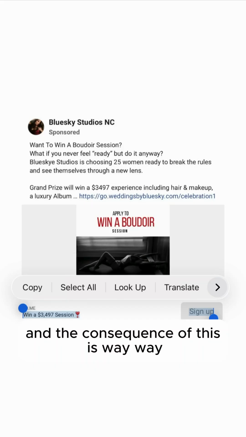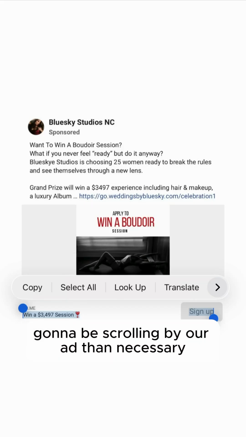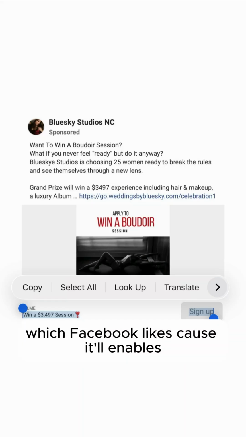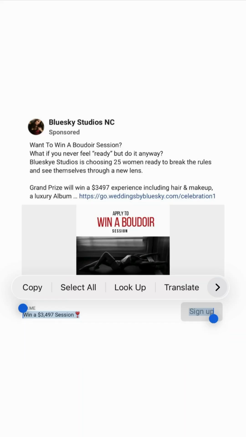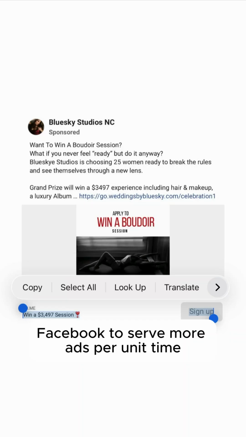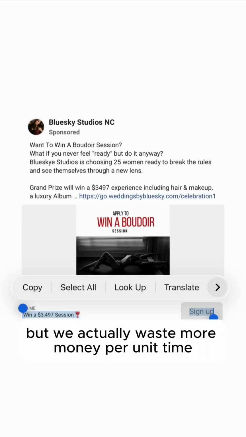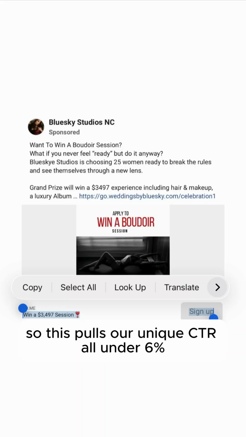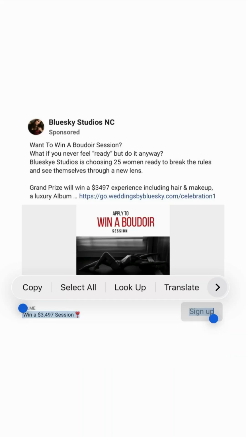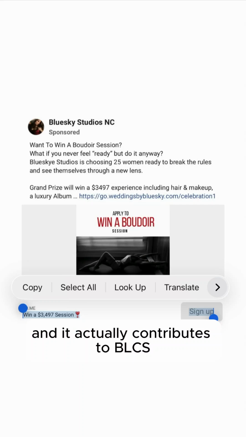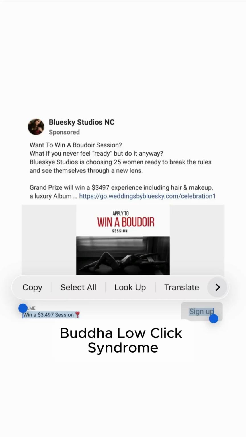And the consequence of this is way, way, way more women going to be scrolling by our ad than necessary, which Facebook likes because it enables Facebook to serve more ads per unit time, make more money per unit time, but we actually waste more money per unit time. So this pulls our unique CTR under 6%, and it actually contributes to BLCS, Boudoir low click syndrome.